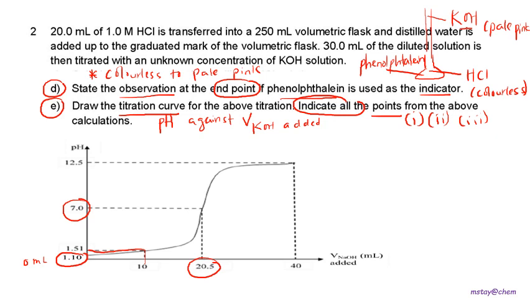So the salt produced at the equivalence point is a neutral salt, and the pH value is 7. When all the KOH is added, up to 40 ml, the pH value has already increased to 12.5.